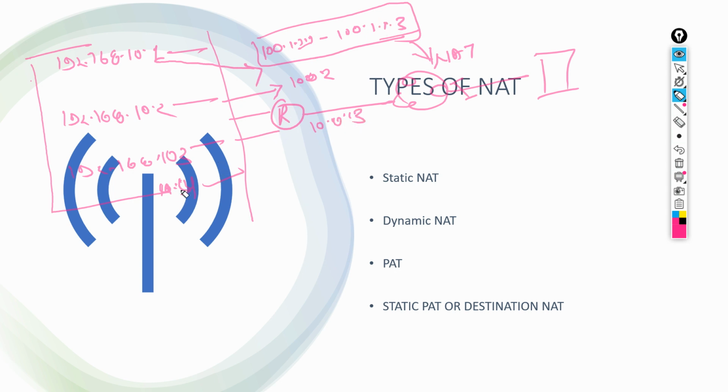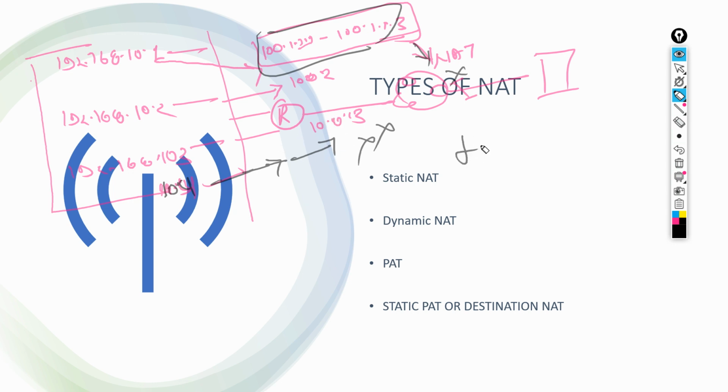Now again, this packet is coming, 10.4. There is no free public IP available for this 10.4, so it will wait, or it will drop the packet.